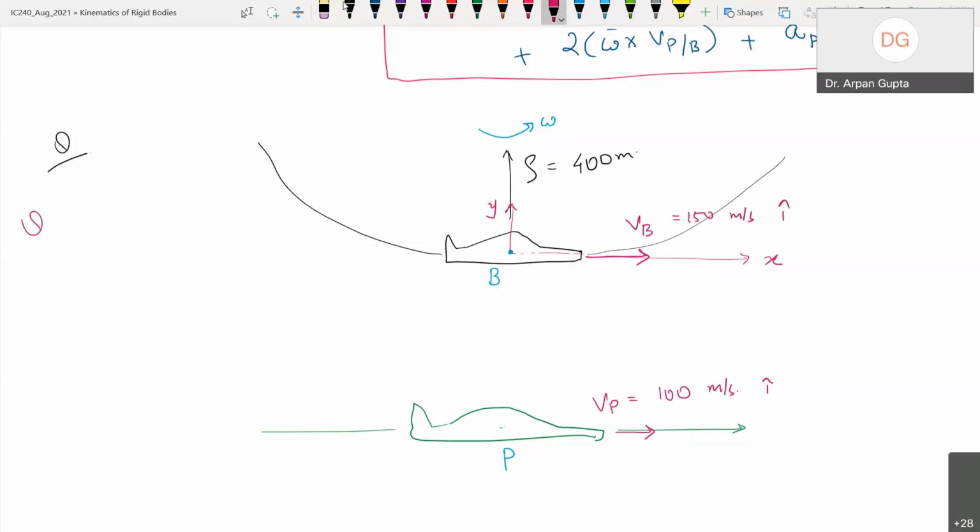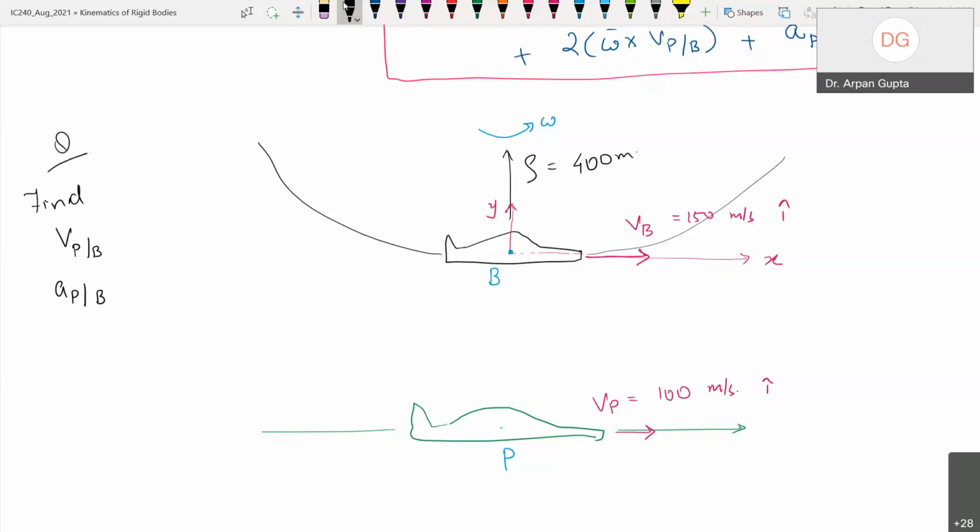And the question is to find the relative velocity of P as observed from B, and the acceleration of P as observed from B. That is the question.